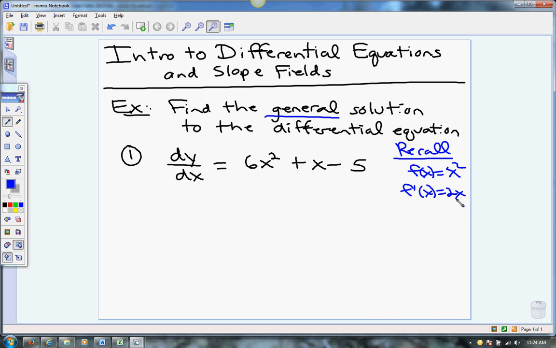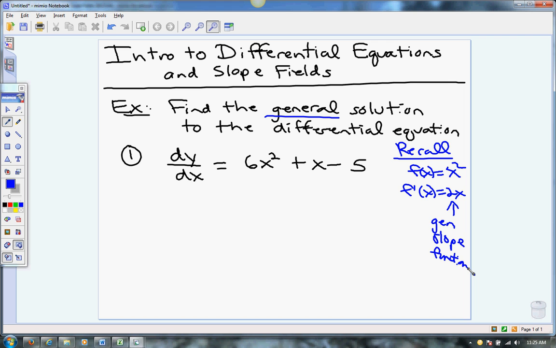Didn't we call that the general slope function? The general slope function that would tell me the slope of the tangent line anywhere. It's going to be kind of the same idea. We're going to get a general solution here.